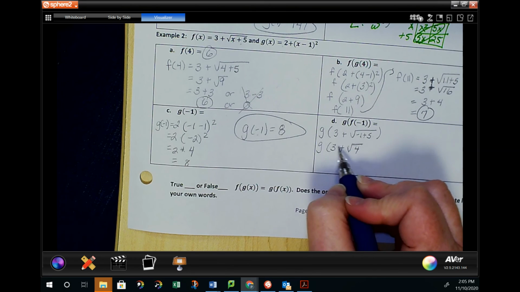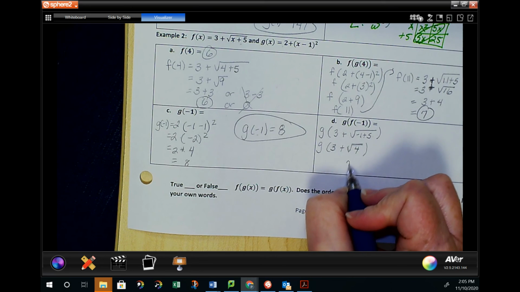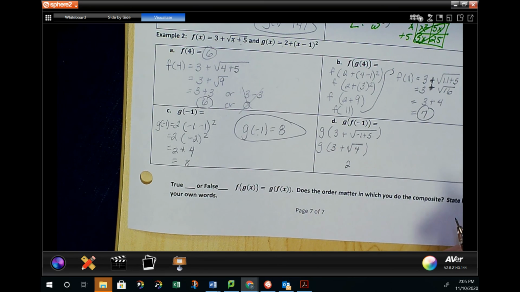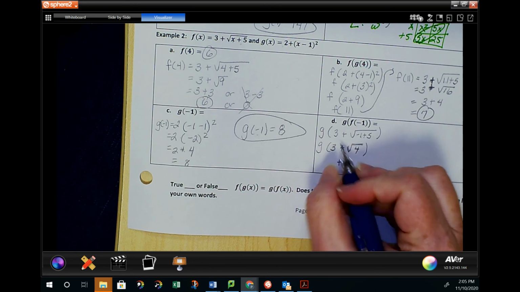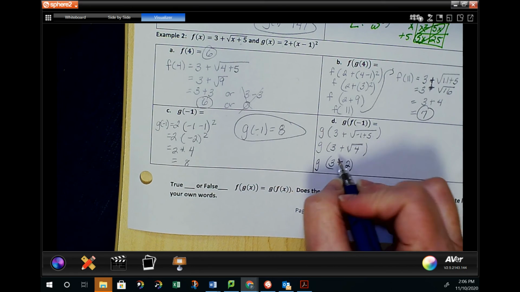And then all I did was copy this stuff down. I still brought down my 3. I still have the square root. The square root of 4 is 2. And I'm only looking at the positive version because it's a square root function. I'm not going to look at the negative, because then that wouldn't be a function. And now 3 plus 2 ends up being 5.